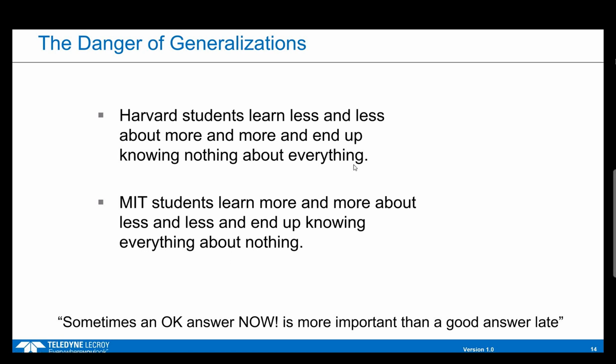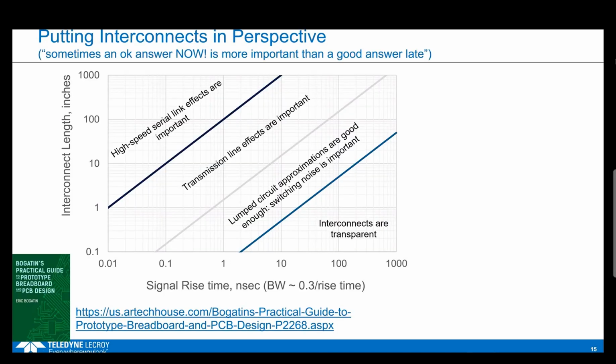The first generalization that I want to introduce you to is a simple model that I developed, and I published it in the textbook. You can get more details on it. But it's a way of mapping the kinds of problems and kinds of effects that arise in circuit boards because the interconnects are not transparent, because they introduce noise.